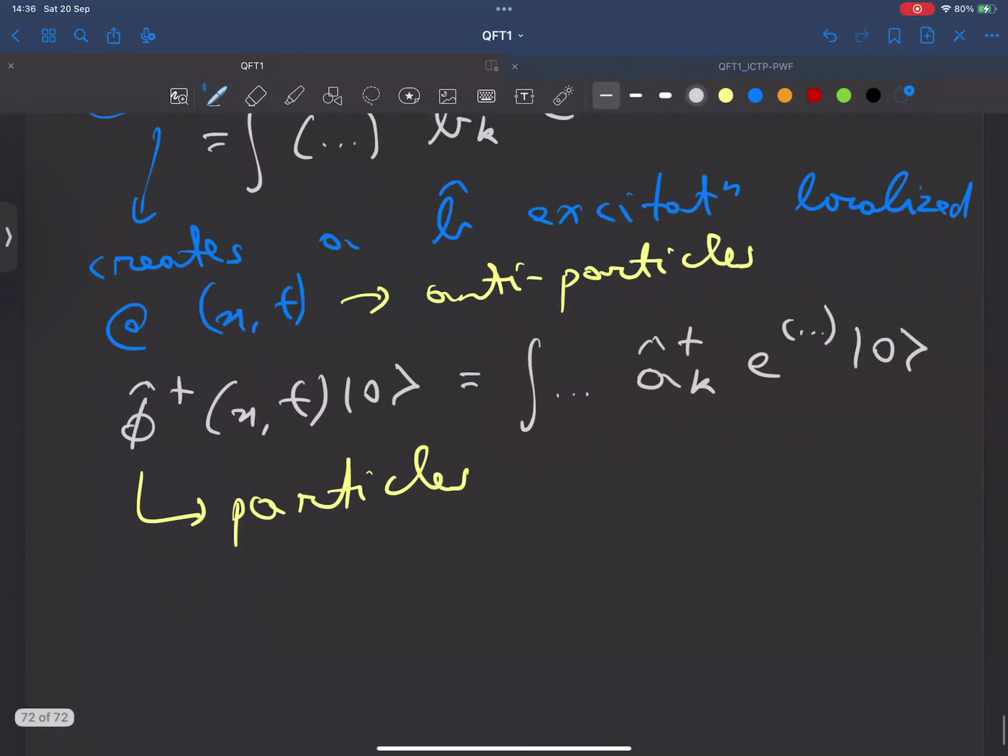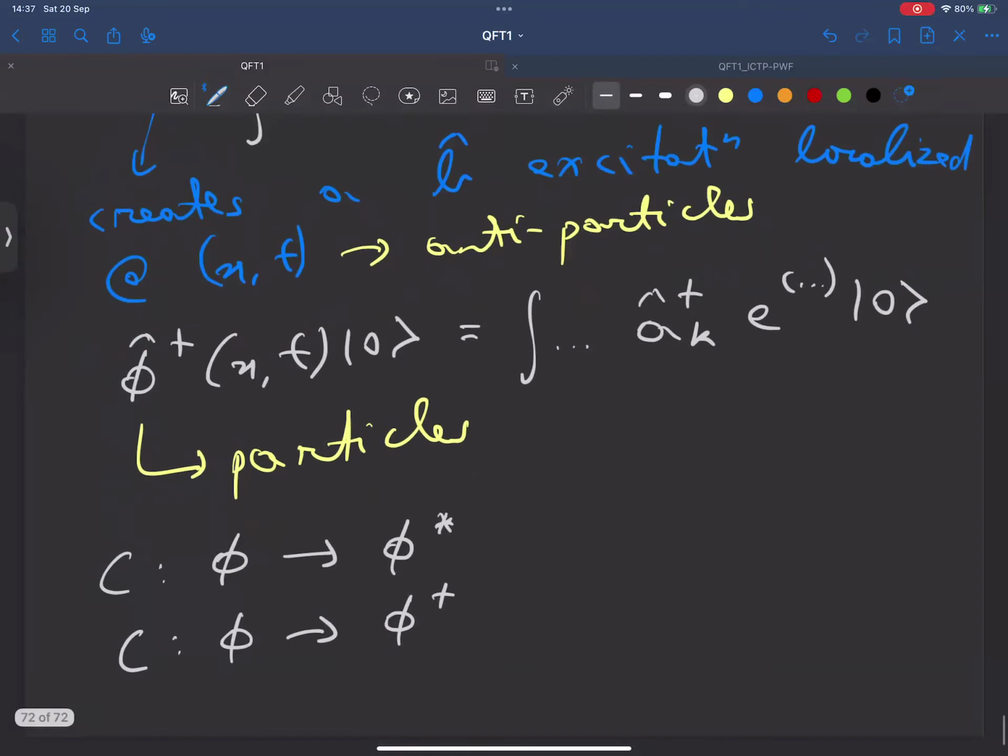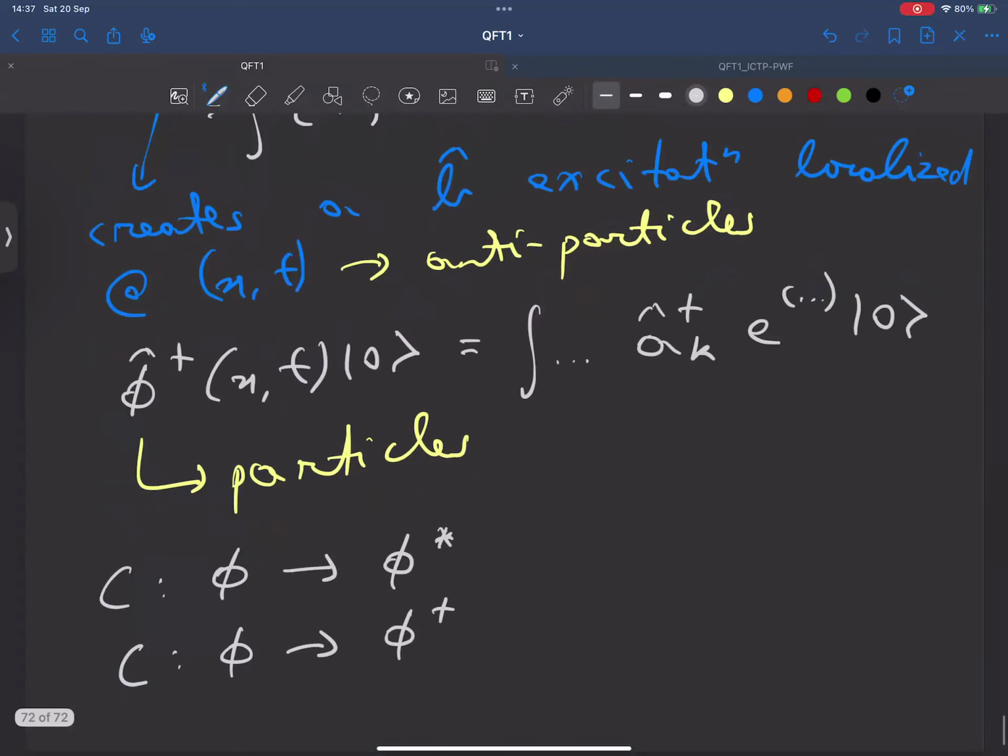Now we do this interesting thing. Recall, as I mentioned briefly, that C takes phi to phi star, which means in the quantum theory this goes to phi dagger. That's exactly what happens between them, like an exchange of particles and antiparticles. As we said, phi creates antiparticles and phi dagger creates particles.